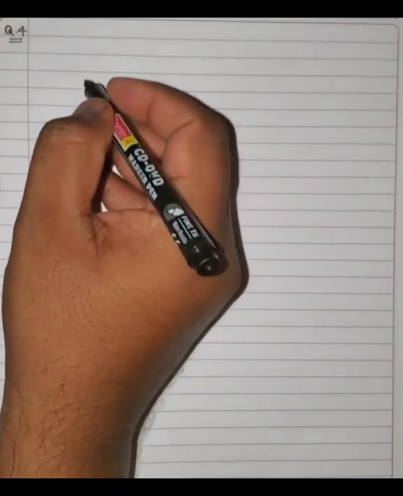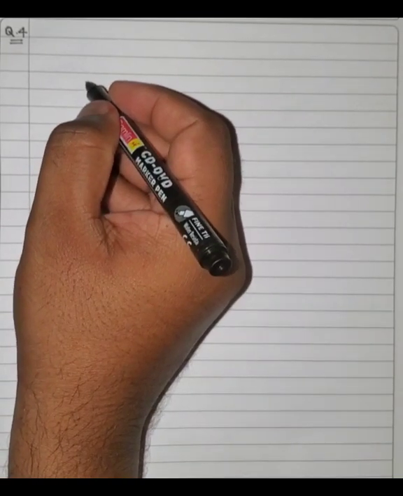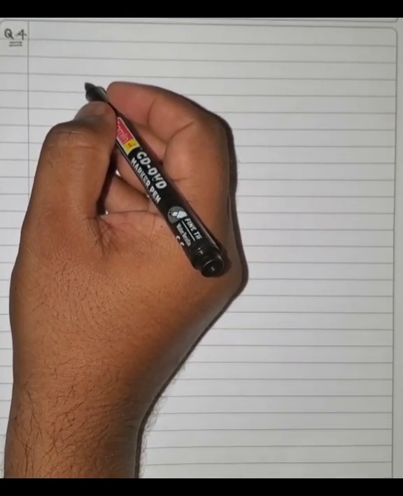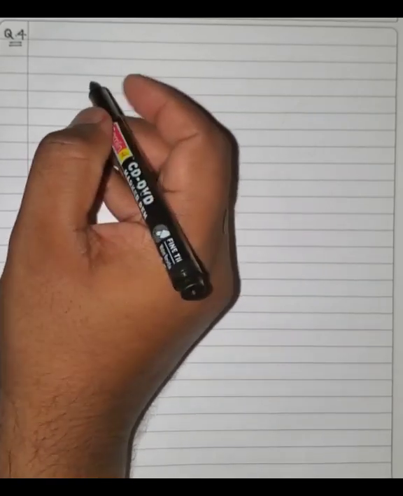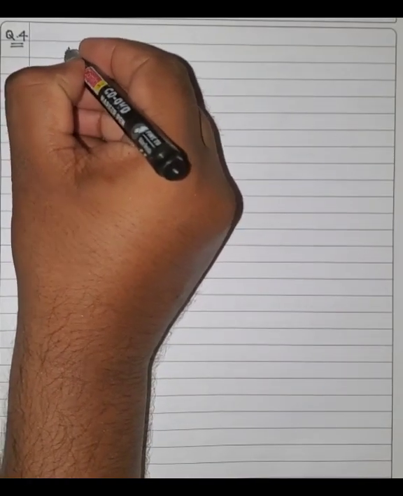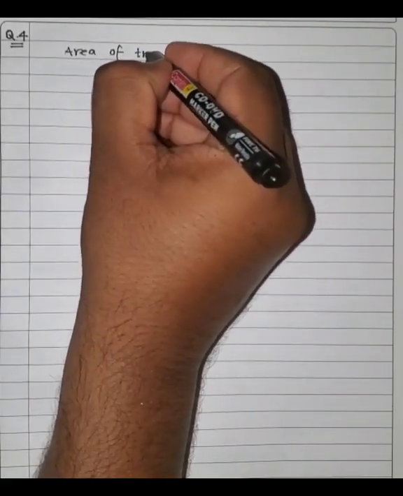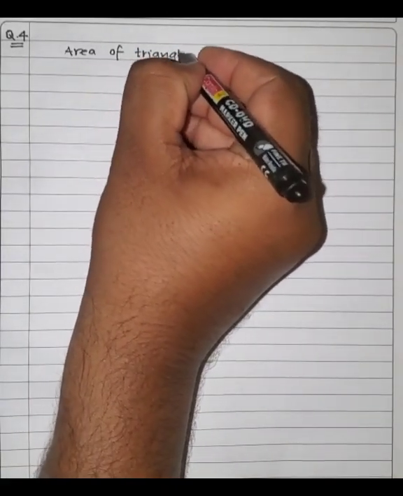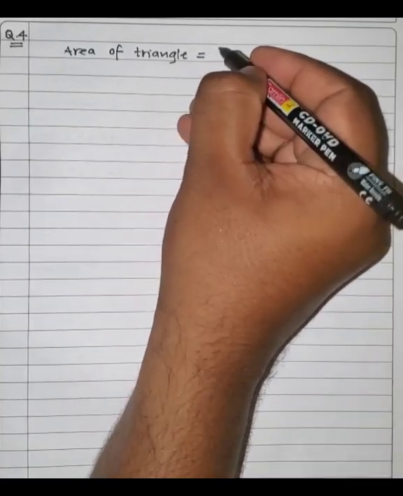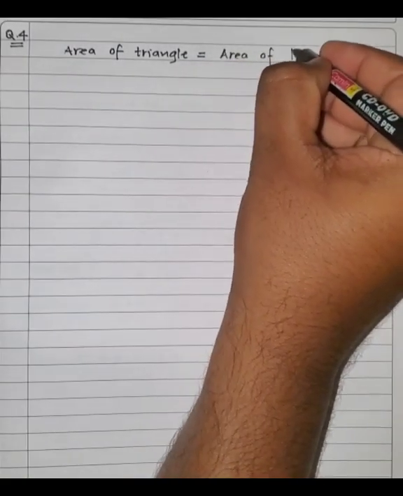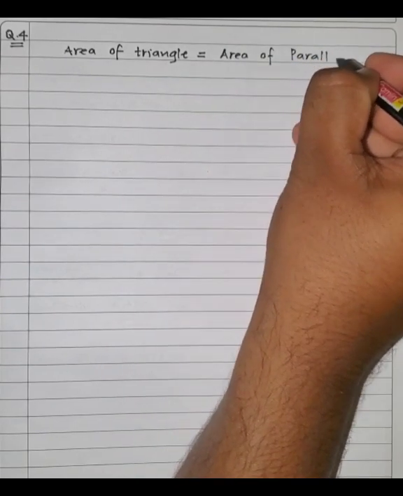So, as it has been given in the question that the area of the triangle is equal to the area of the parallelogram, let us write that. Whatever is the area of the triangle would be equal to the area of the parallelogram.